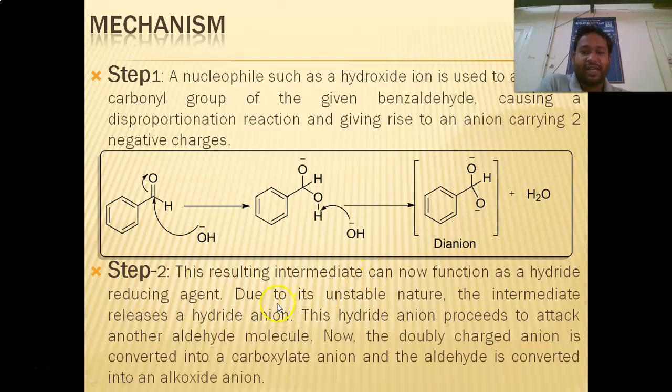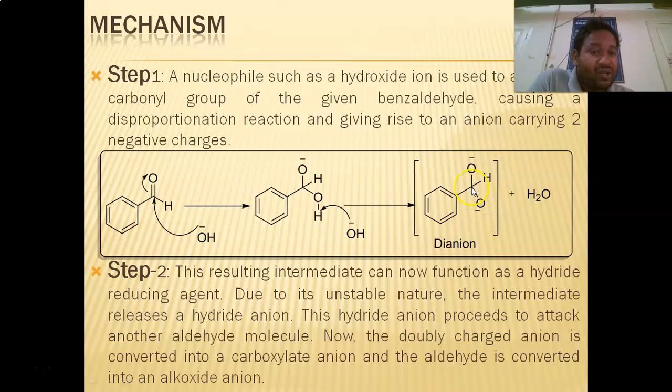Formation of the dione is the driving force of the reaction, and elimination of water takes place. In the second step, the resulting intermediate can now function as a hydride donor. This dione contains one weakly bonded hydrogen, which is more acidic in nature, because this carbon is attached to two oxygens, which are more electronegative atoms and withdraw electrons from the carbon.